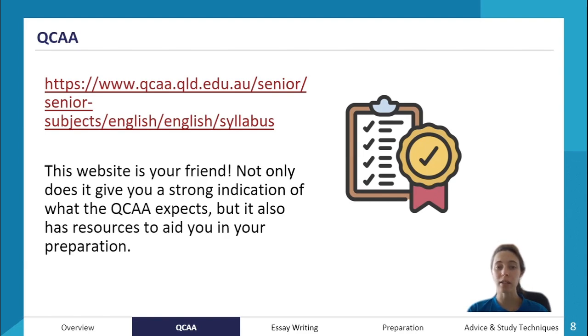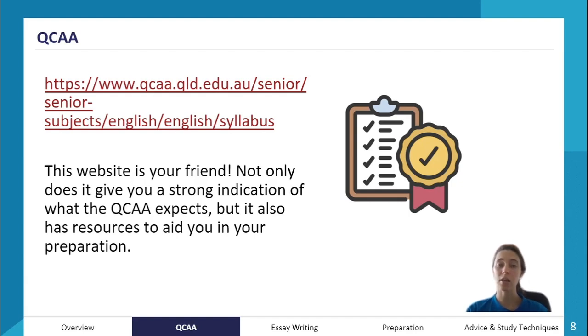Now, while the syllabus doesn't outline exact details for the external exam in terms of a marking rubric, it can still give you a good indication of the sort of things that you'll be looking for. There are lots of connections between different pieces of assessment for English when it comes to the marking criteria.